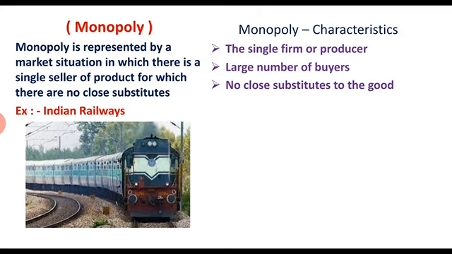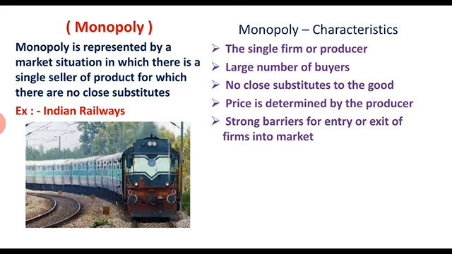In the monopoly market, the good or commodity has no close substitutes. In the monopoly market, price is determined by the producer.